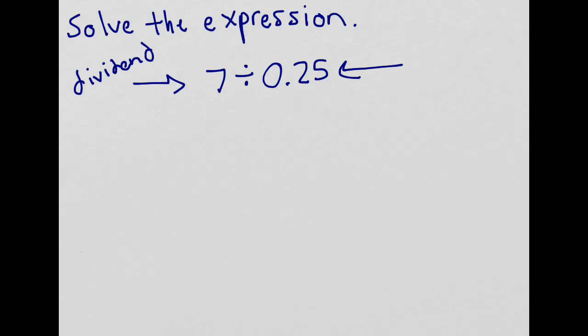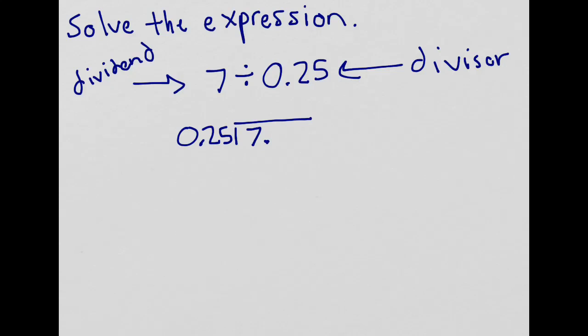The second number is how many groups I'm splitting it up into. That's my divisor. And my answer to this problem will be my quotient. I'm going to put up my division bar. The 7 goes inside. And since it's 7 as a whole number, the decimal will go to the right of the number. And then 0 and 25 hundredths goes on the outside as the divisor.